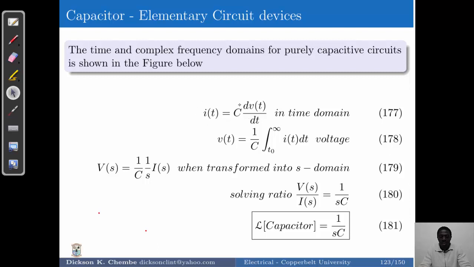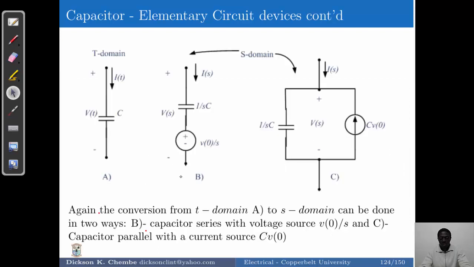In the time domain, we've got i(t) equal to C dv(t)/dt, and we get the voltage in the time domain as v(t) equal to 1 over C times the integral of i(t) dt from t0. But when we transform to the S domain, we have V(s) equal to 1 over C, 1 over s, I(s).